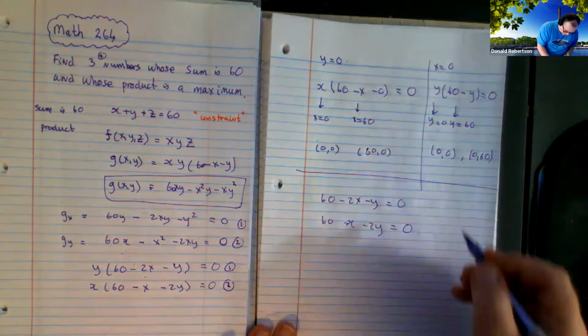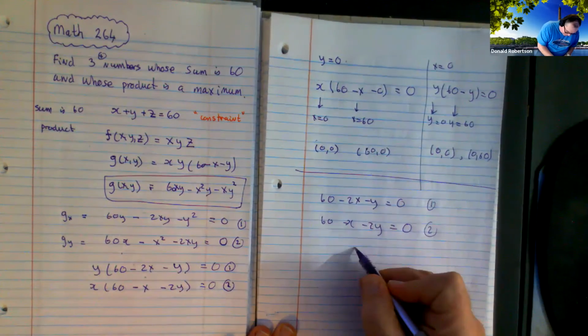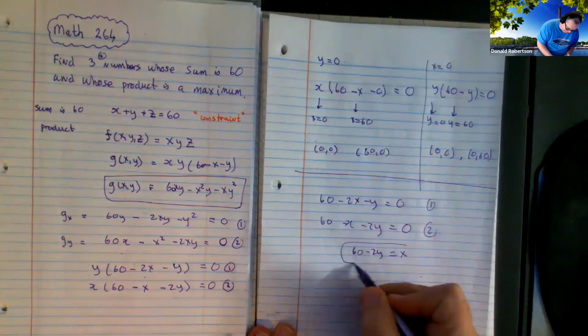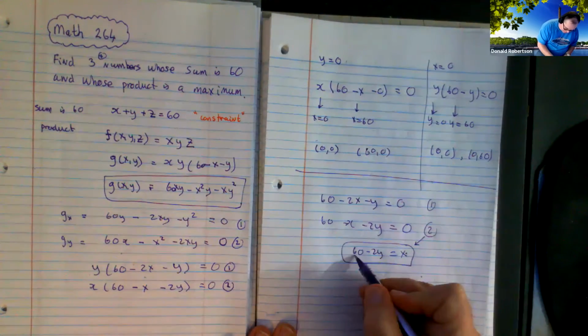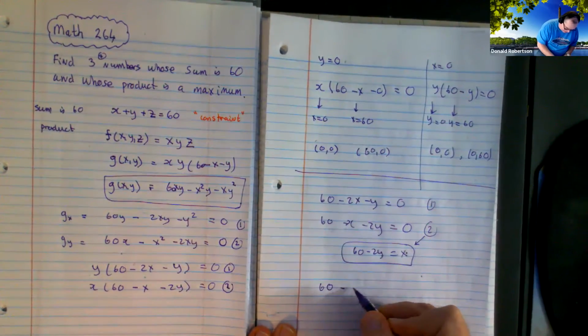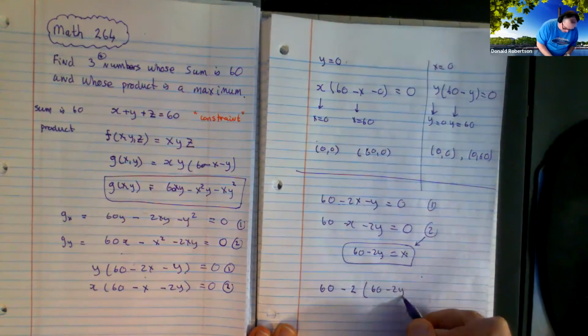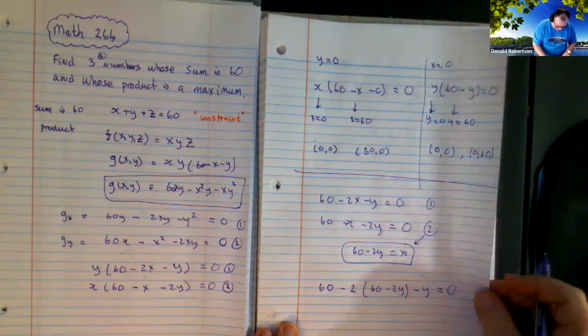For no particular reason, I'm going to take this equation and rewrite it like that. So that's equation 2. I'm then going to replace the x with 60 minus 2y in here. So it's 60, take away 2 lots of x, take away y equals 0. And what do I get?